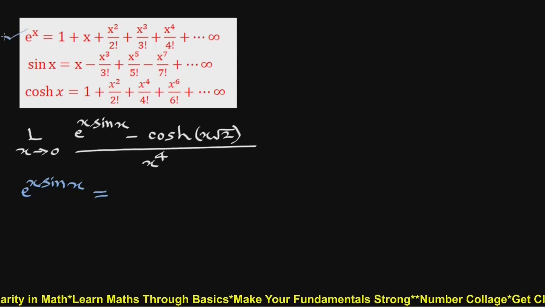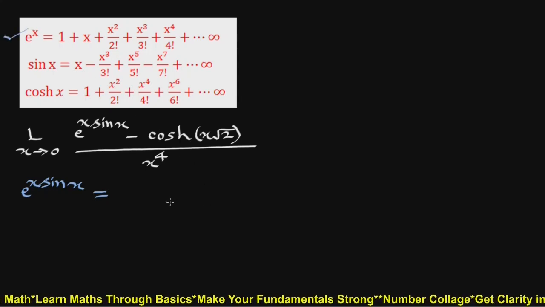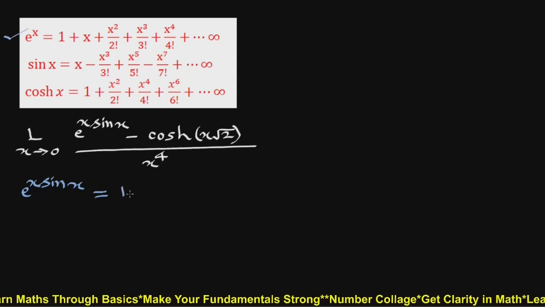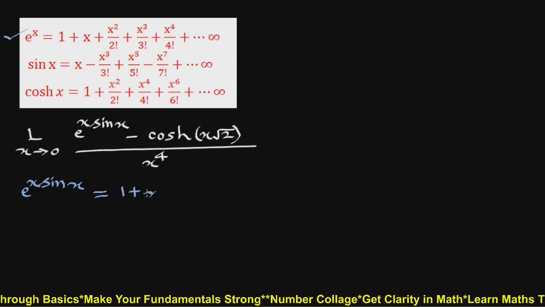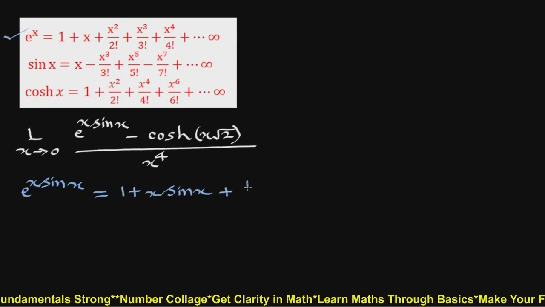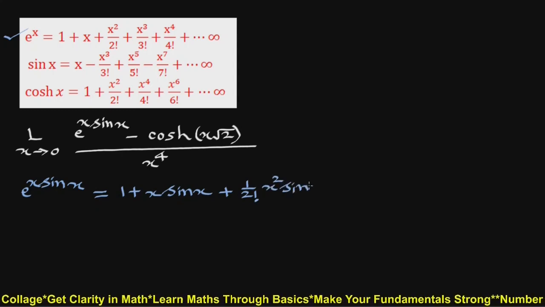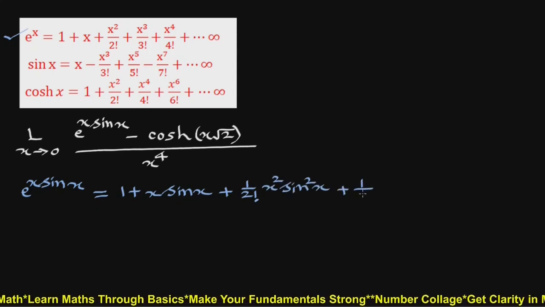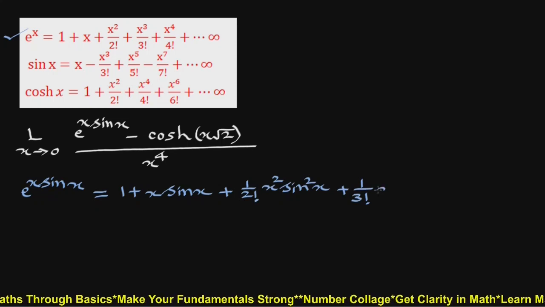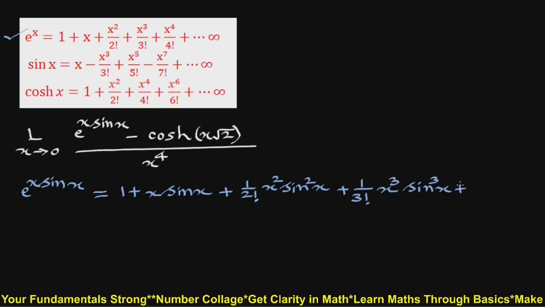According to the expansion of e raised to x, this is 1 plus x sin x plus 1 upon 2 factorial x square sin square x plus 1 upon 3 factorial x cube sin cube x plus so on and so forth.